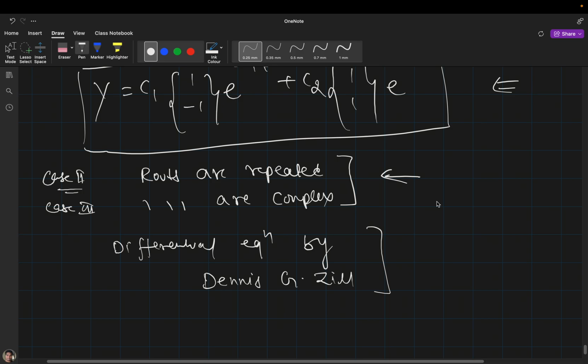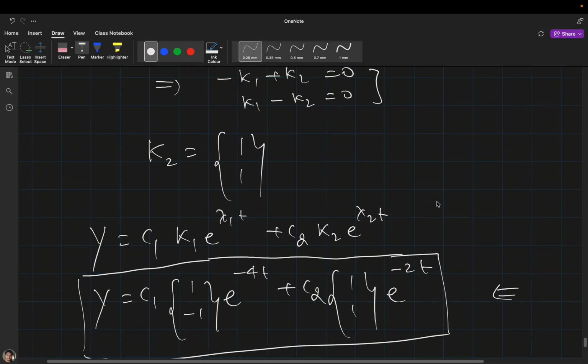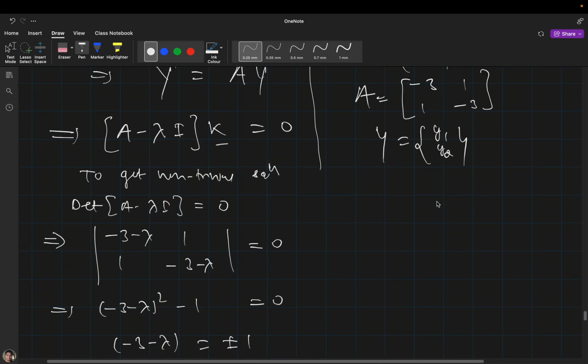So are these two cases in the syllabus or not? Actually, this system of first order linear differential equations itself is not in your syllabus, but I discussed it because I saw that GATE has asked one question. That question was very simple, and they asked like this.